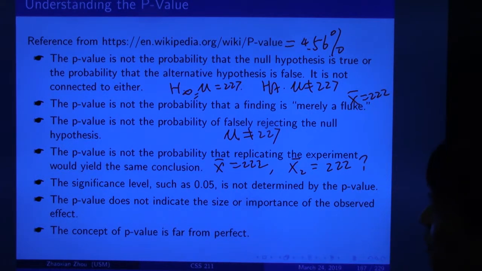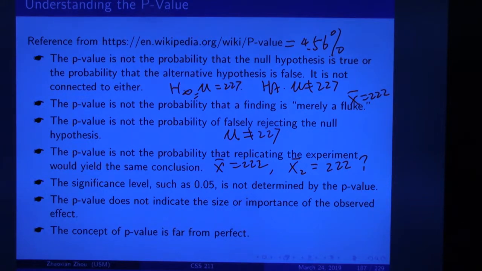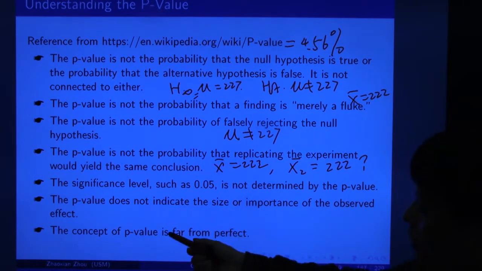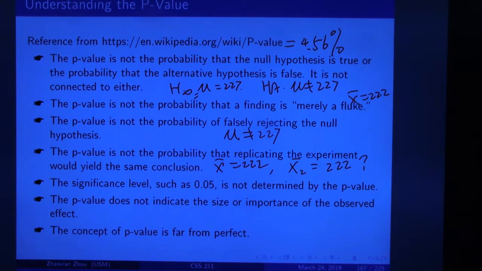How serious is this? We don't know that. You cannot conclude the seriousness or the importance of this effect from the p-value. The p-value is 4%, 5%, or 1%. The statement is we need to reject H0, but we don't know how important or how serious that is.